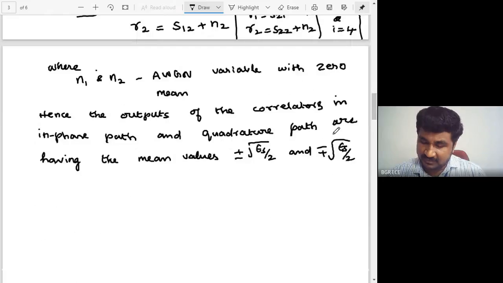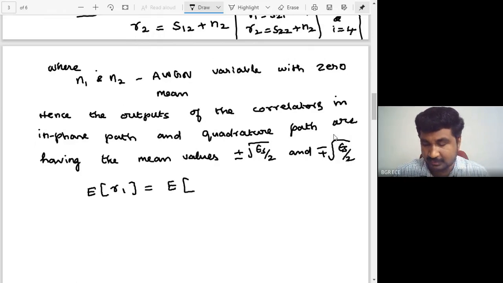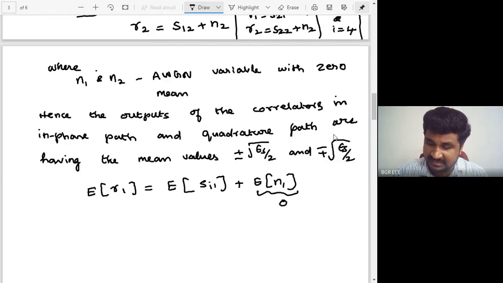And if you take the mean for the random variables, the mean of R1 is equal to the expectation of R1, which is equal to expectation of Si1 plus expectation of N1. We know that expectation of N1 is 0, and Si1 is a constant term, so we cannot take its expectation, and this value is plus or minus square root of Es by 2.